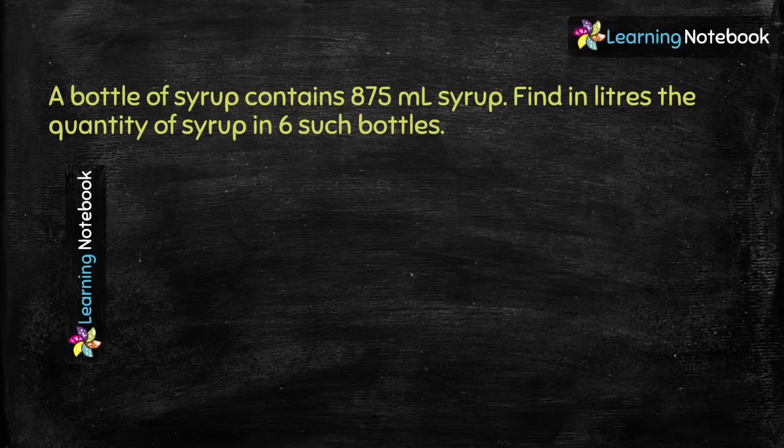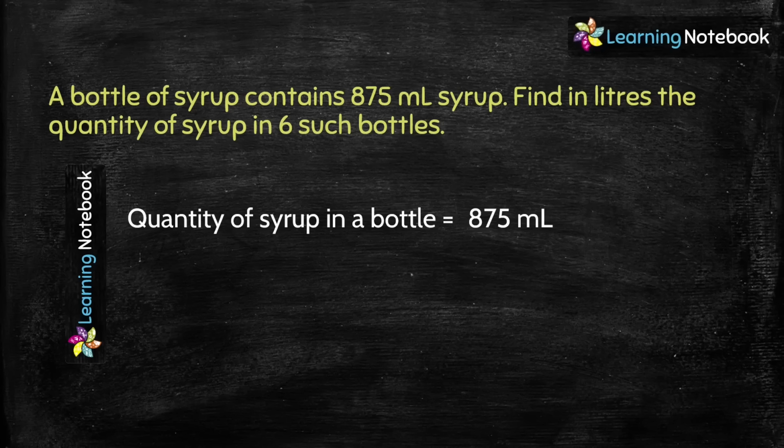Quantity of syrup in 1 bottle is given as 875 milliliter. Now since we have to find the quantity of syrup in liters and we are given with quantity in milliliters, so let's convert it into liters and we get 0.875 liters.